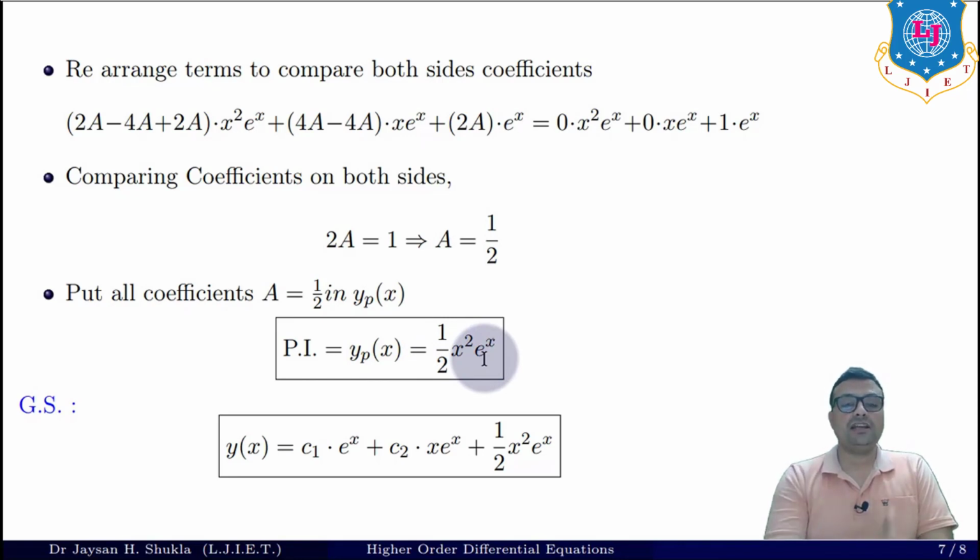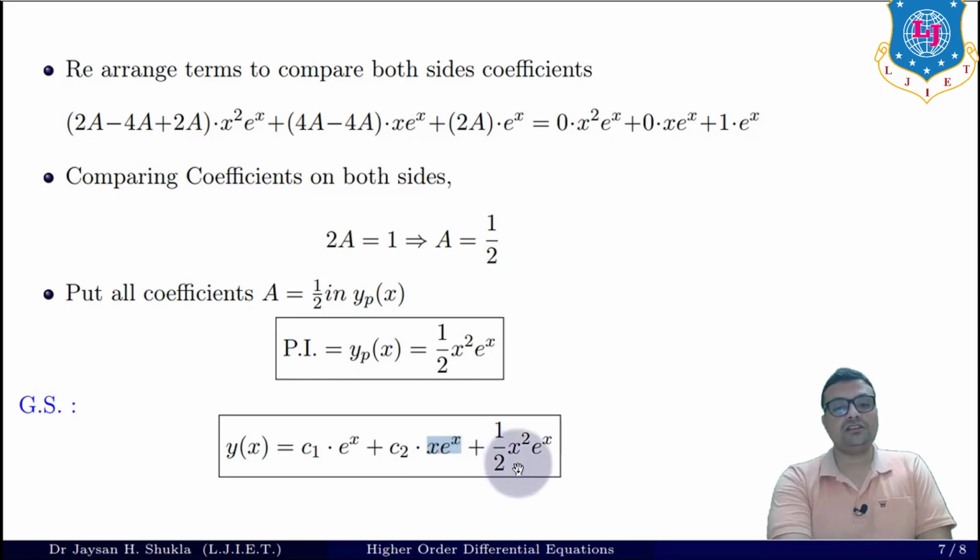Now in my last video, I also told you that you should always cross-check whether your general solution is correct or not, and how we can identify that. See, the elements of yc are e raised to x and x e raised to x. Remember one thing, there cannot be repetition of functions in CF and PI.